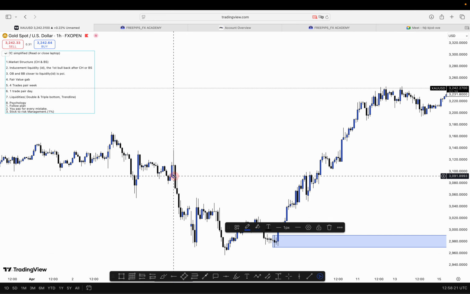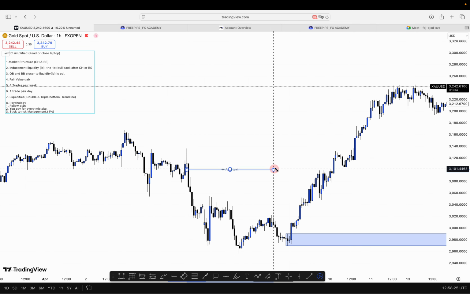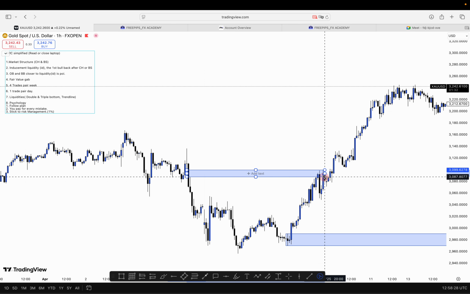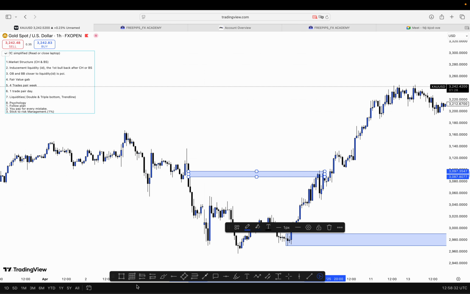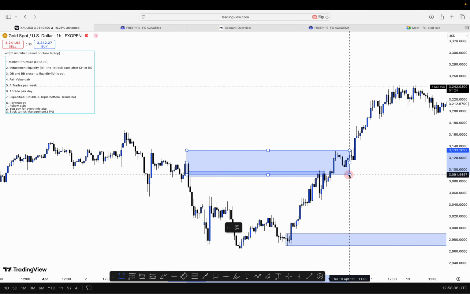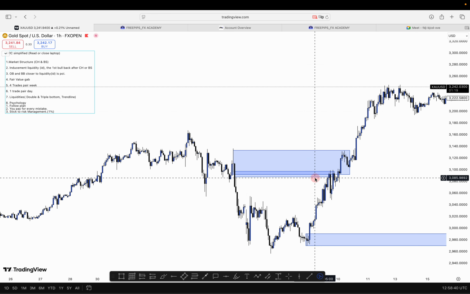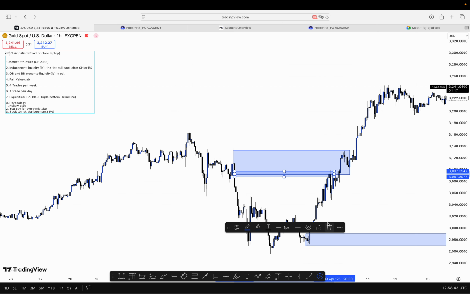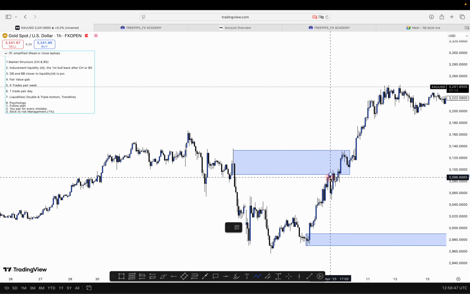this is a fair value gap here, a fair value gap here, a fair value gap, and the last candlestick was this one. So when price touched the last candlestick, it respected it, but the move wasn't much.